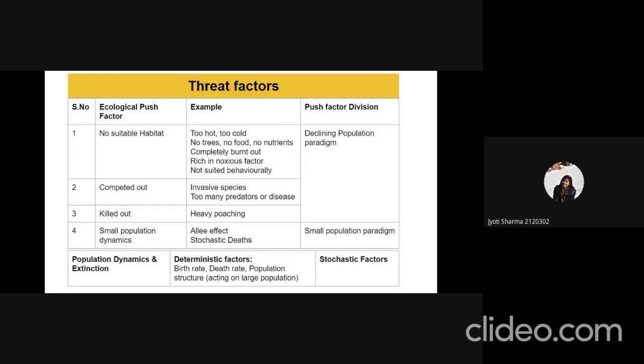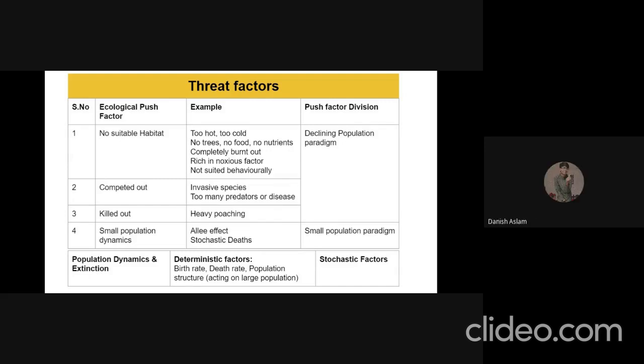So can you name some invasive species, Danish? Ma'am, I know one which we have discussed in previous classes, that is Jalkumbhi. I don't know what we say in English. I couldn't hear you properly. Can you say again?